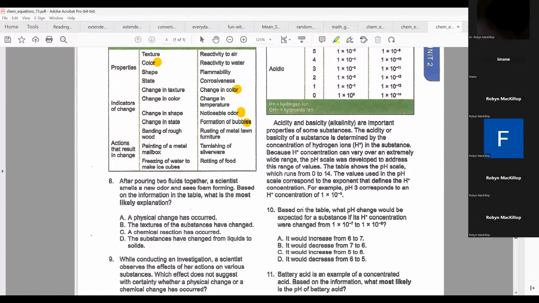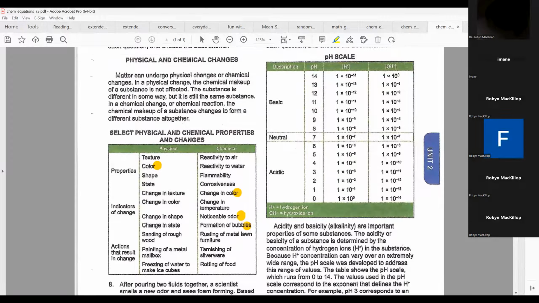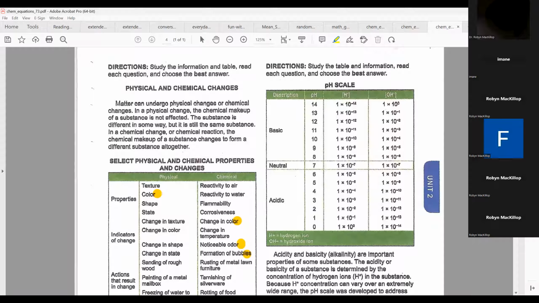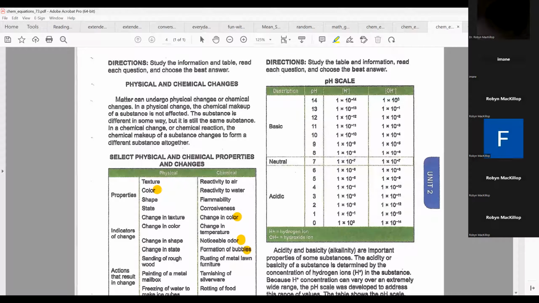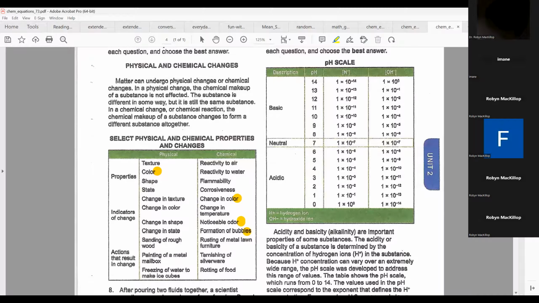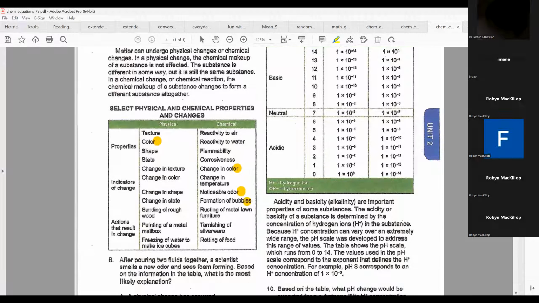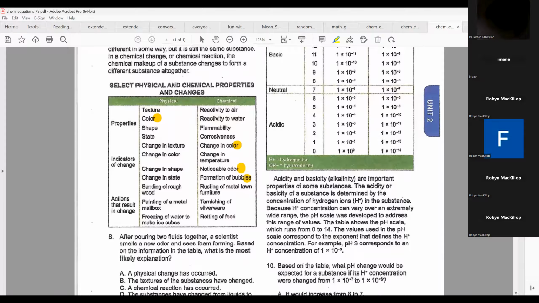All right, let's take a look at this other table. Again, this one doesn't come with a big block of reading, so that's good. It's a pH scale. Don't worry about any of the numbers until you know what you're looking for. Oh, here's the reading portion. I'm not going to read until it tells me I have to.